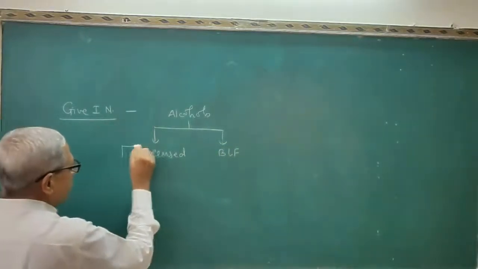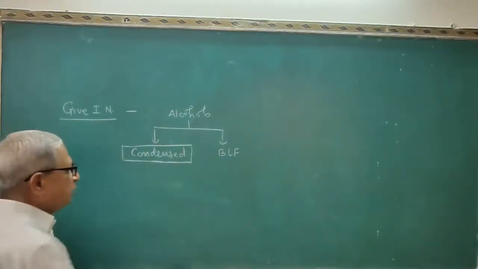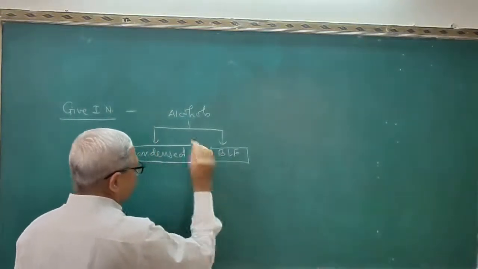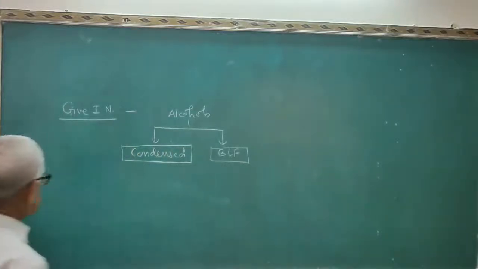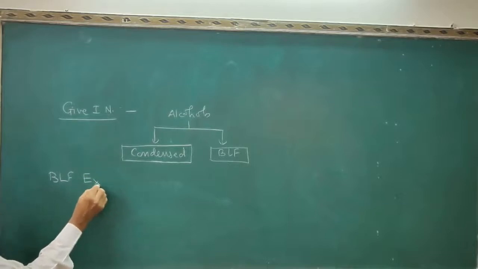Yesterday we completed 5 examples on condensed formula. Today I will take the bond line formula. See the bond line formula examples.